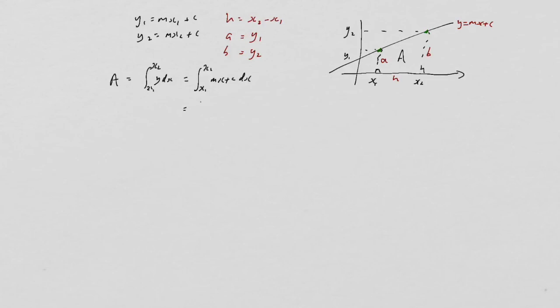So that gives us mx squared over 2 plus cx between x1 and x2. Now I always put brackets ready to pop everything into. It takes care of that worry about the minus sign in the middle. So we have (m x2 squared over 2 plus cx2) take away (m x1 squared over 2 plus cx1).